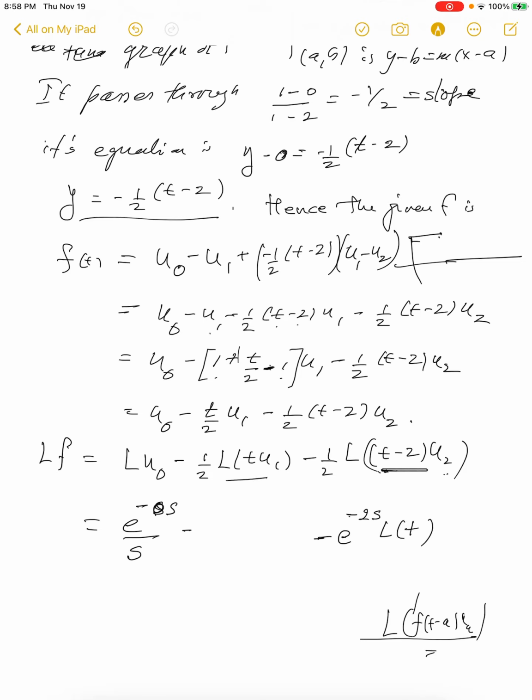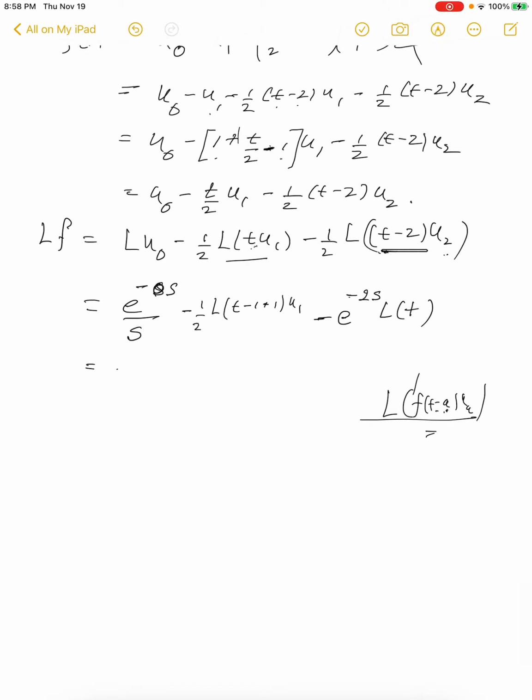For this middle term, you have to work a little bit more, because the middle term does not have f at t minus a. A is 1. So you have to write the middle term as t minus 1 plus 1 u1, and you will split it in two terms. This is the trick you have to be aware of.